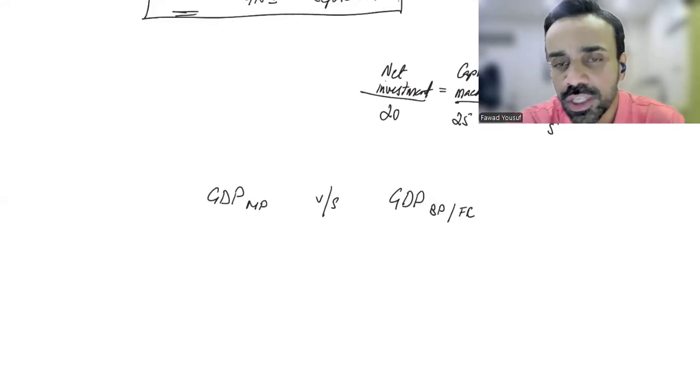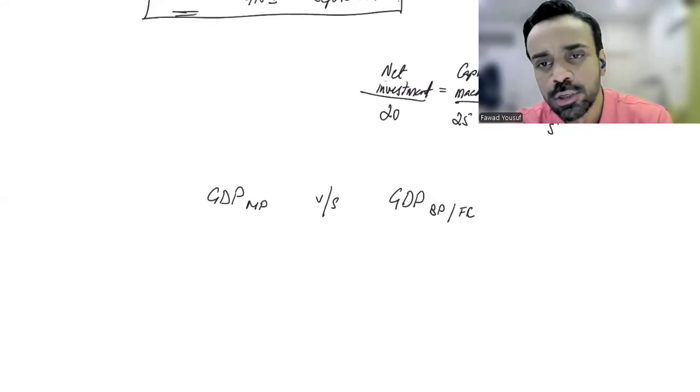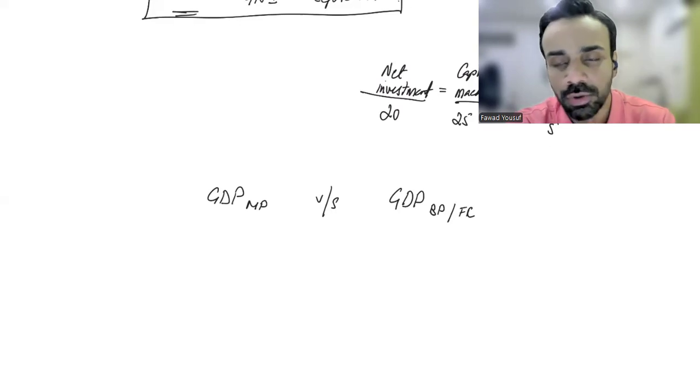In A2s we used to say factor cost. In books it is called basic price, factor cost, all sorts.